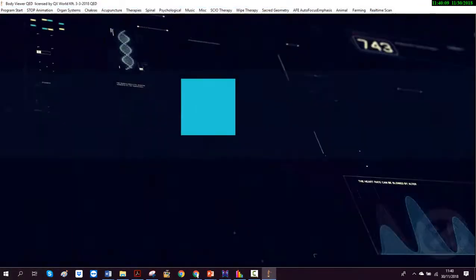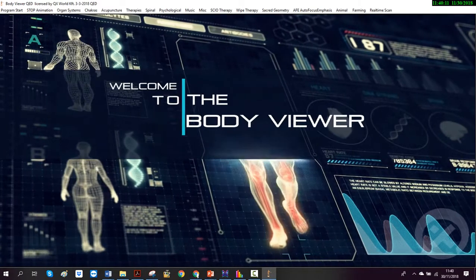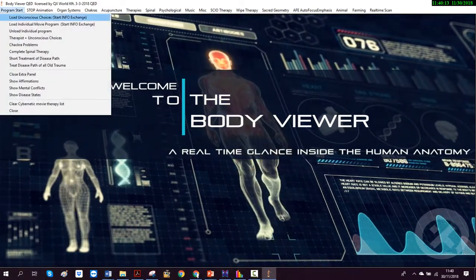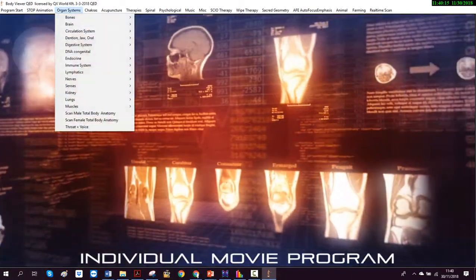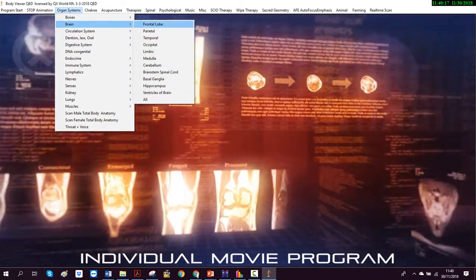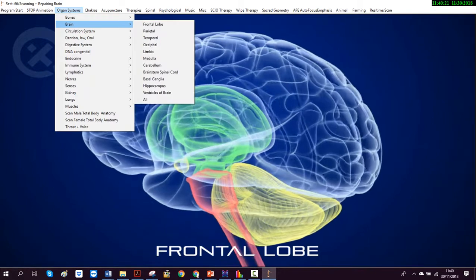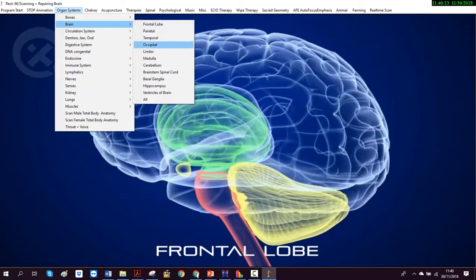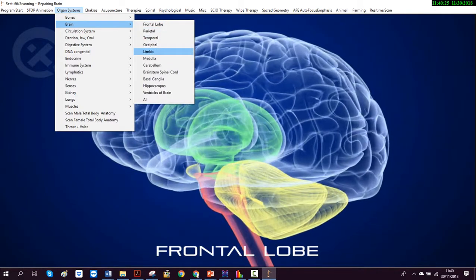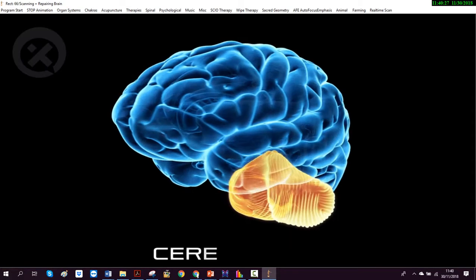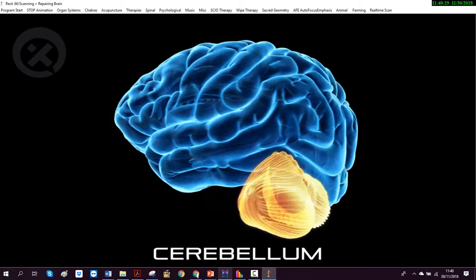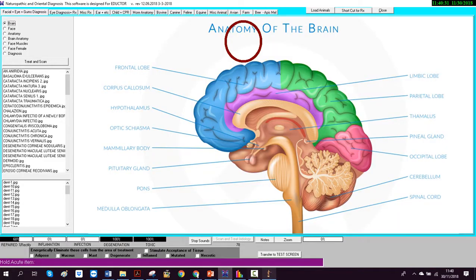And then I have another panel here where I can see all the parts of the brain: the frontal, parietal, temporal, occipital, limbic, and I can work on the cerebellum. Let's say I work on the cerebellum.